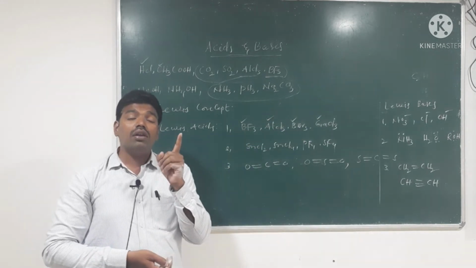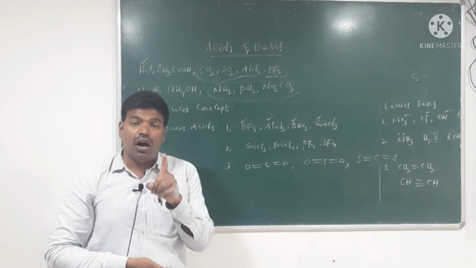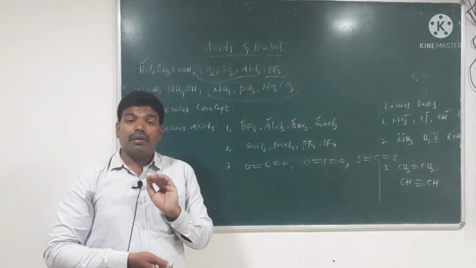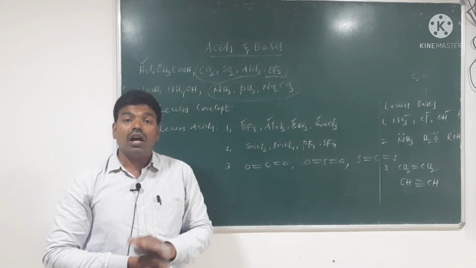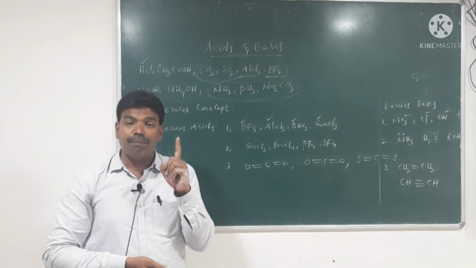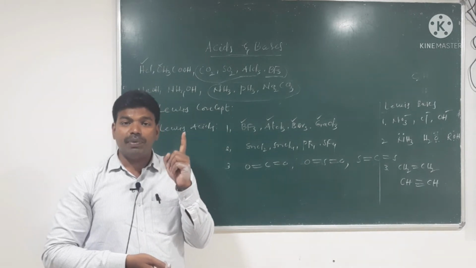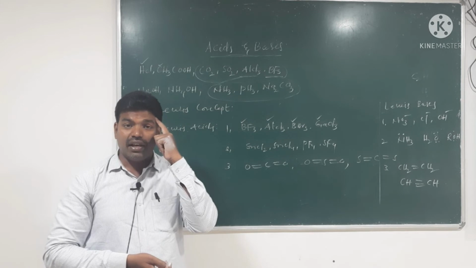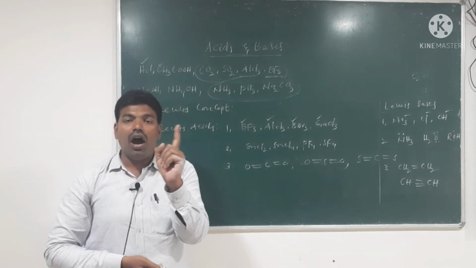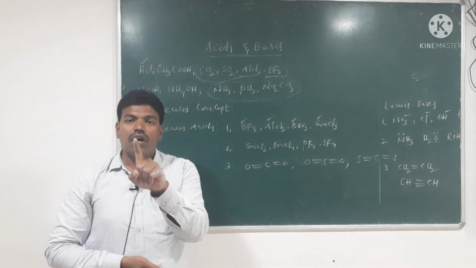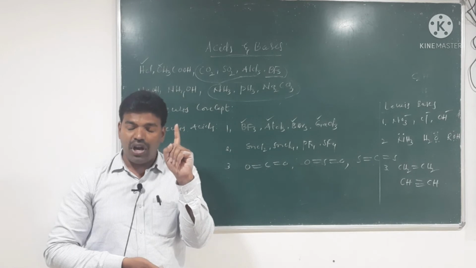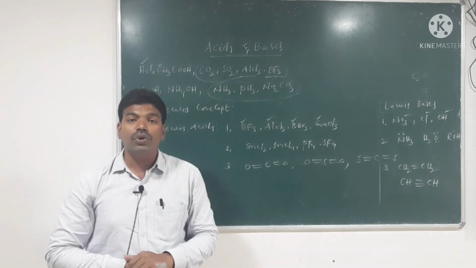So all Bronsted bases are Lewis bases, but Bronsted acids are not Lewis acids. This is very important and should be borne in mind: all Bronsted-Lowry bases are Lewis bases, but Bronsted acids are not Lewis acids.